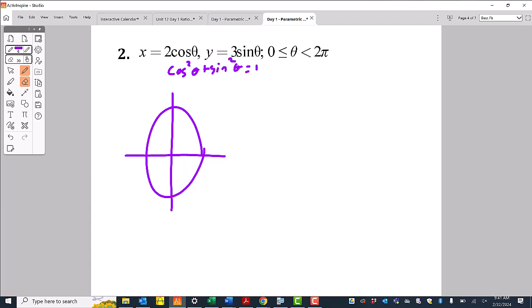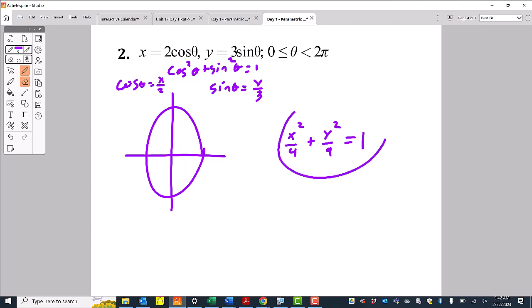So we can say cosine is equal to x over 2, and sine is equal to y over 3. And so we end up with x squared over 4 plus y squared over 9 is equal to 1. And we end up with the equation of an ellipse there from doing that. Okay?